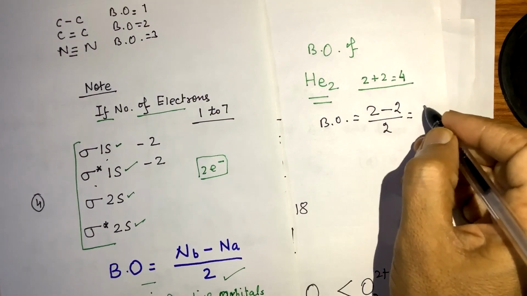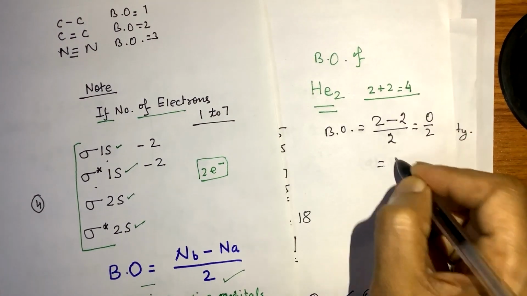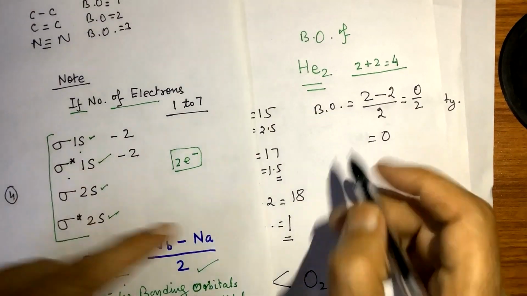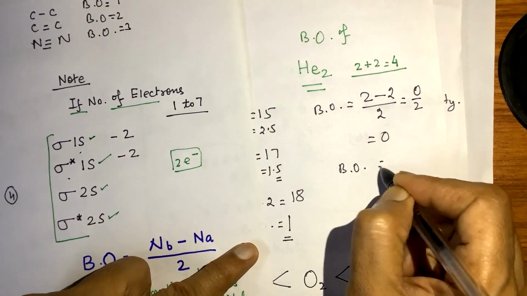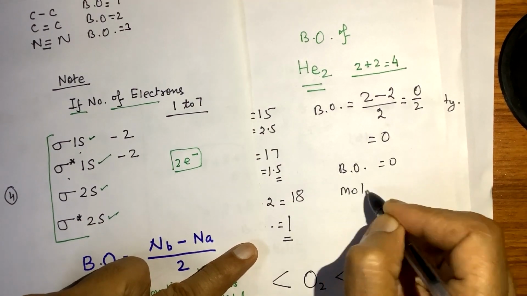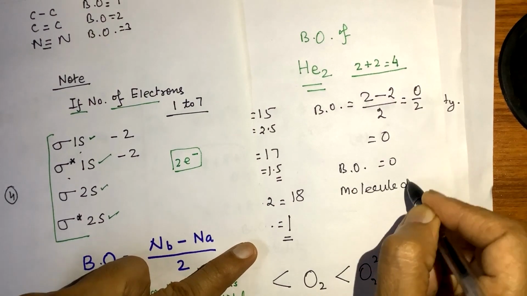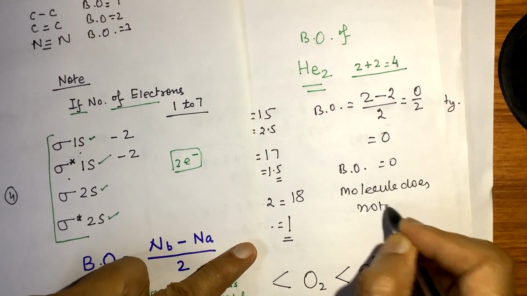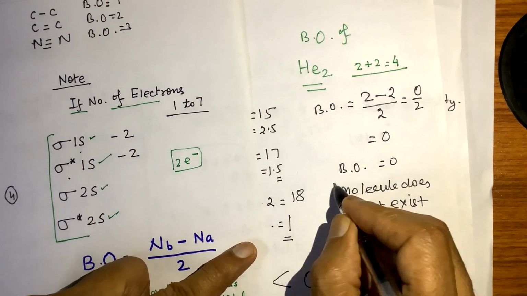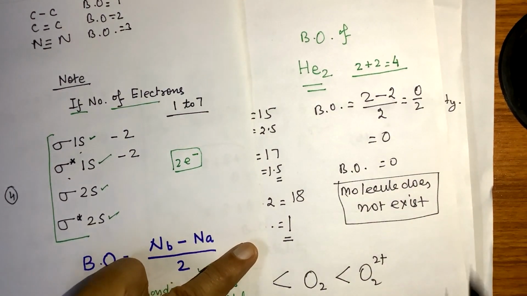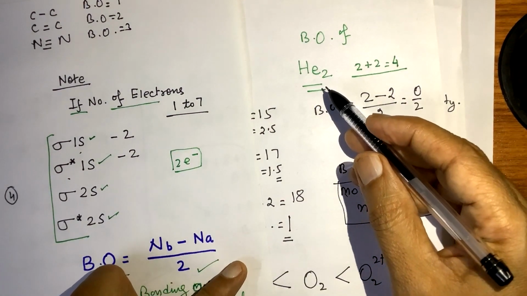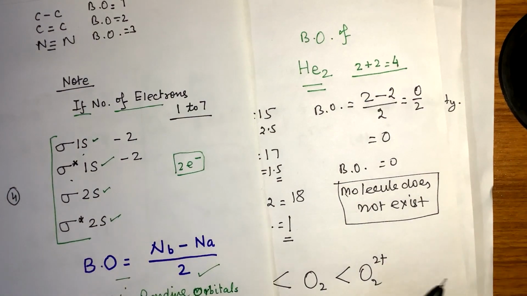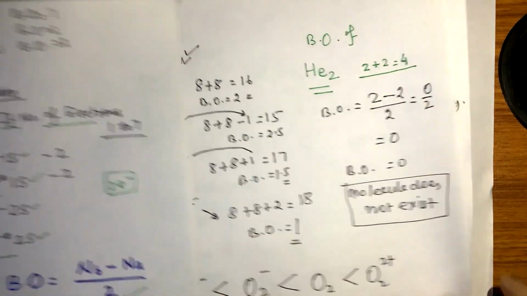Bond order of He2 is 0 by 2, which is 0. When the bond order of any molecule is 0, the molecule does not exist. So we say that He2 does not exist because its bond order is 0.